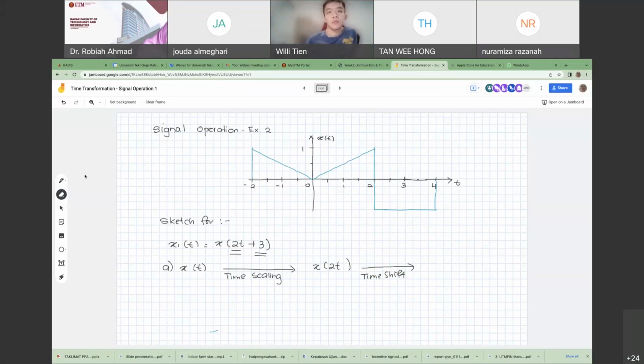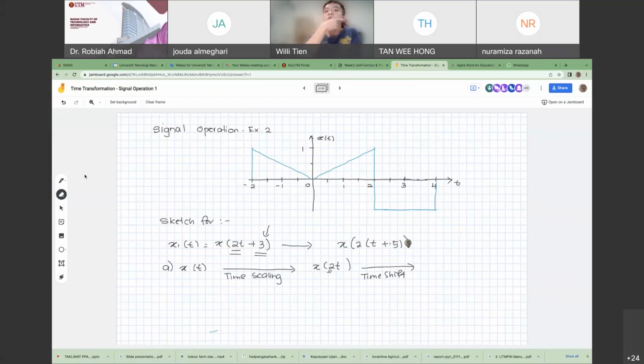Okay, so since this is 2, in order to go to the shifting, because it is X(2t), this one will be plus 1.5.